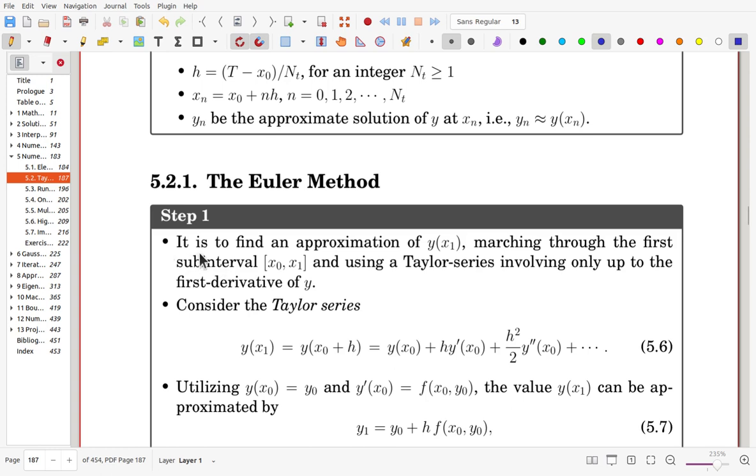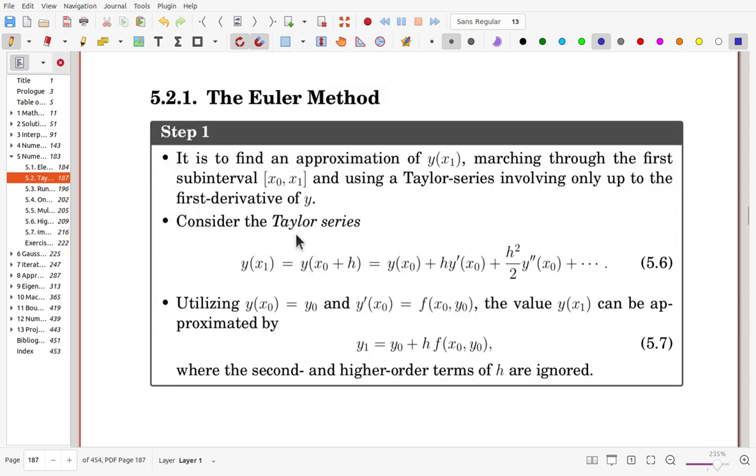In the first step, we'll try to find an approximation of y at x1, matching the first interval x0 to x1, using Taylor series expansion. Consider the Taylor series: y at x1 is the same as y of x0 plus h, which is expanded in this way.